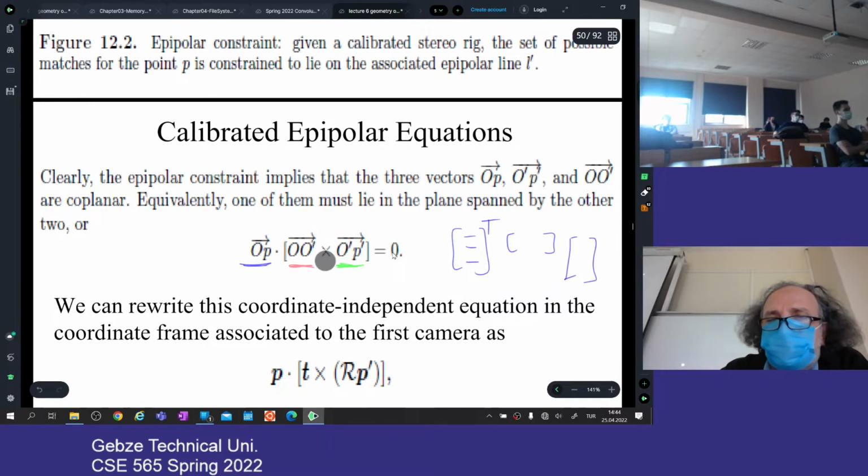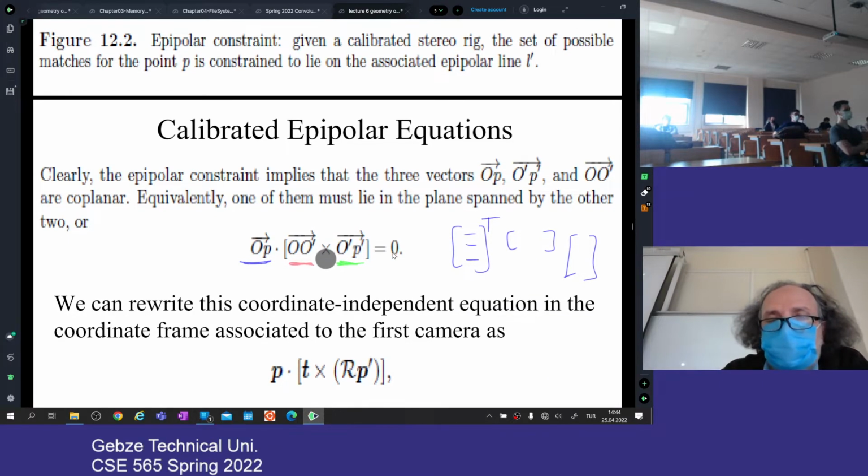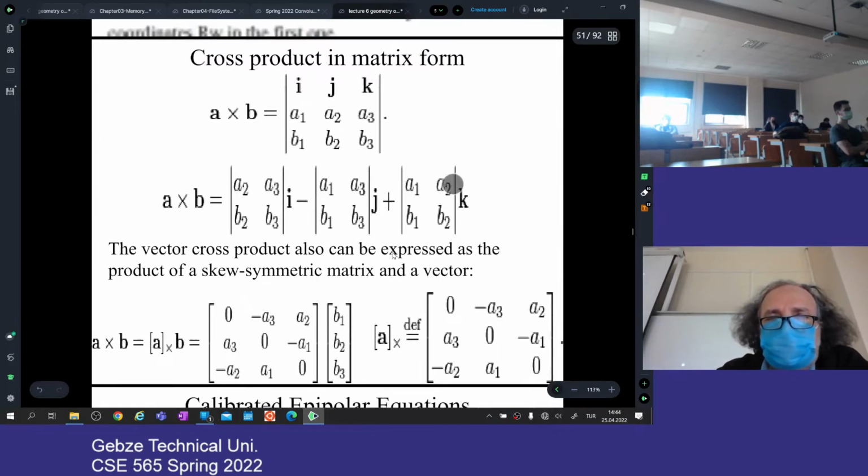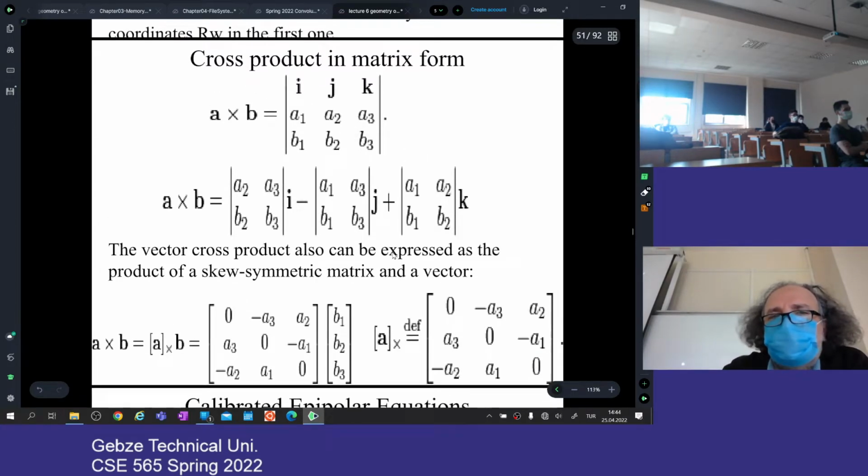But for the cross product, I need to do something. I like to linearize it. People came up with this idea. This is the regular way of doing the cross product between two vectors A and B. If the vector A is A1, A2, A3, vector B is B1, B2, B3, then the cross product between the two is taken like that. Take the determinant of this part, A2, A3, this part times i.